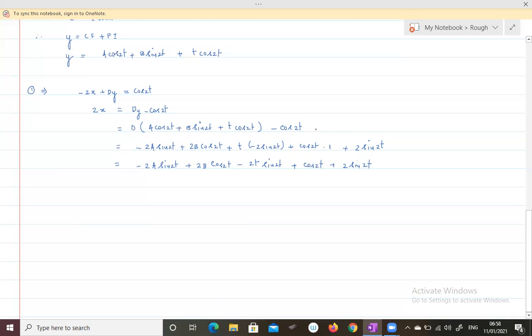Actually here we need not differentiate, because differentiation is only for this term. So here you will be getting minus cos 2t.